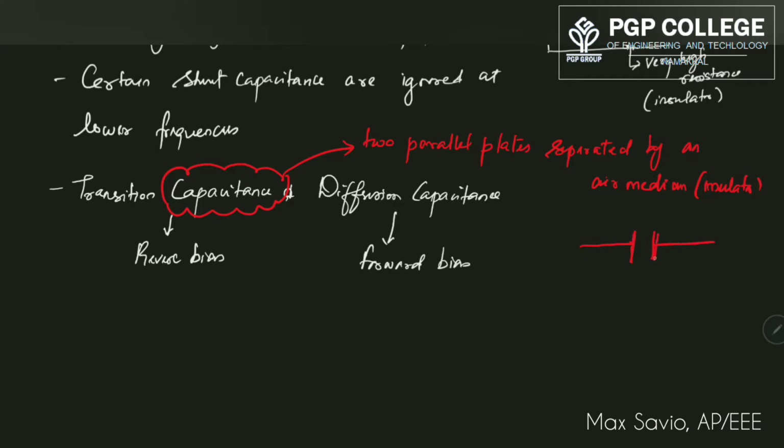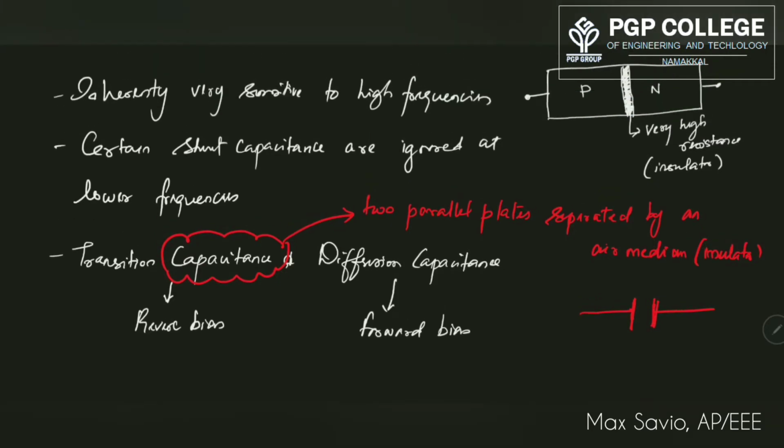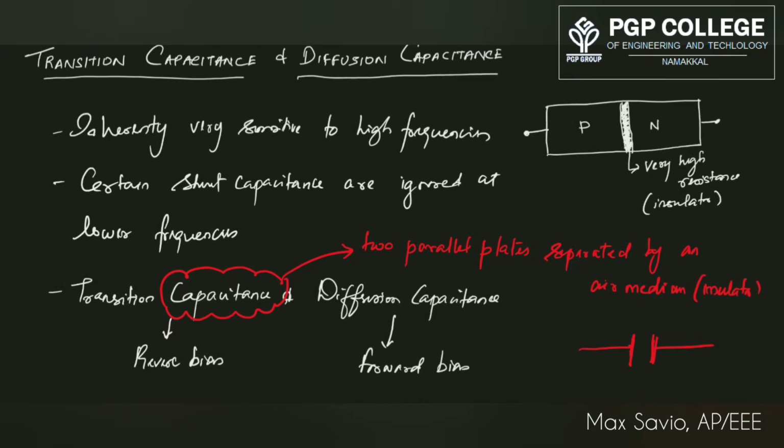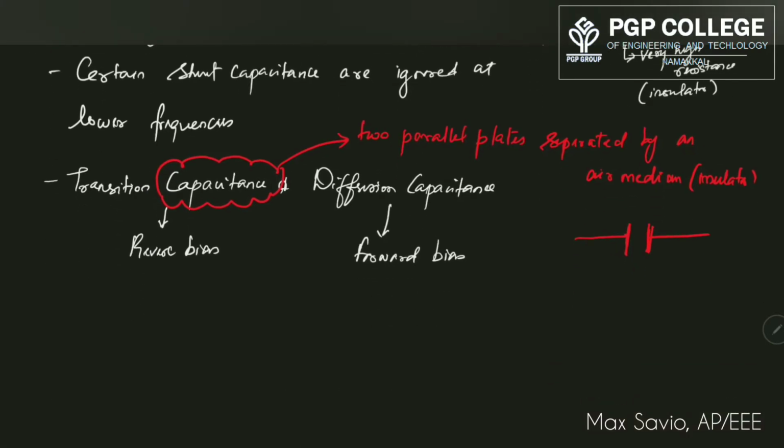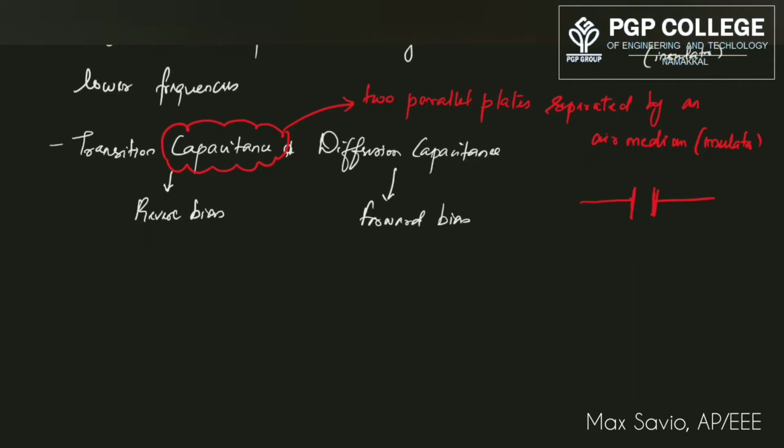Similarly, when you compare this diagram with the p-n junction diode, you can see that this insulated region has two sides, one p-type and one n-type, so it almost looks like a capacitor. That's why we say it is a capacitor. During operation, either transition capacitance or diffusion capacitance is formed in between.